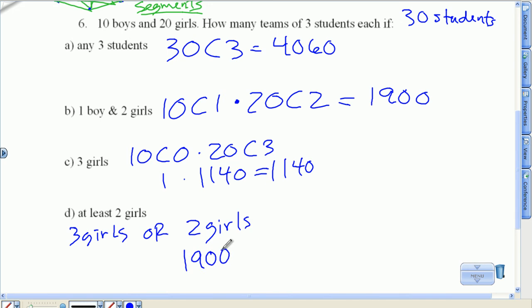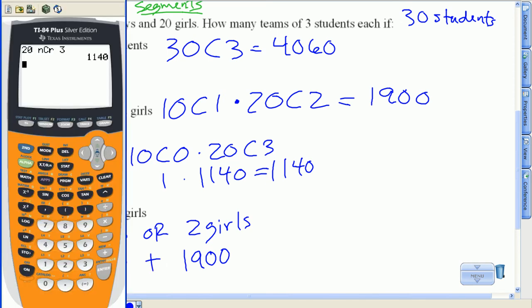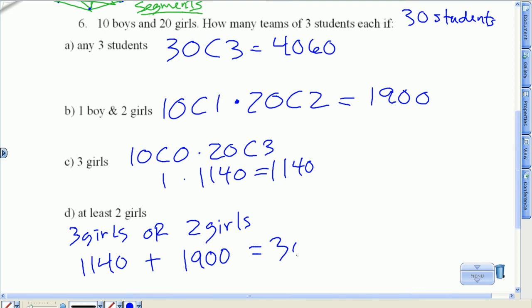That's part C. That's 1,140. If we add them together, 1140 plus 1900, we get the answer to this problem. 3040. At least is a hidden or statement. So be wise to the hidden or.